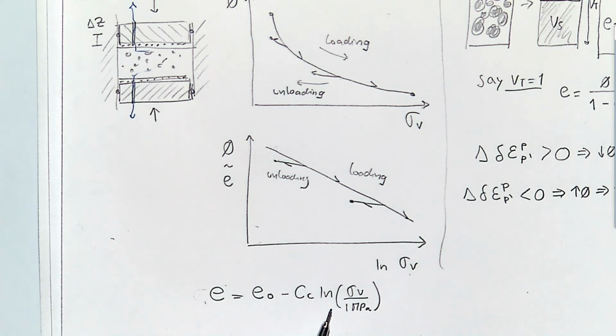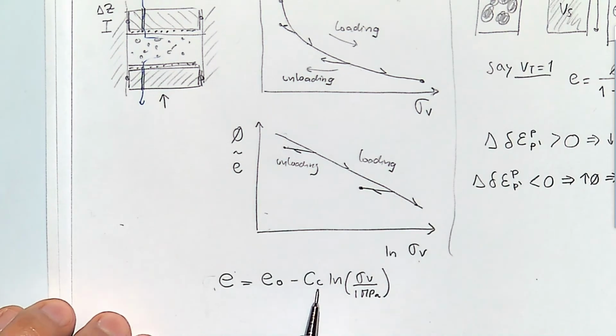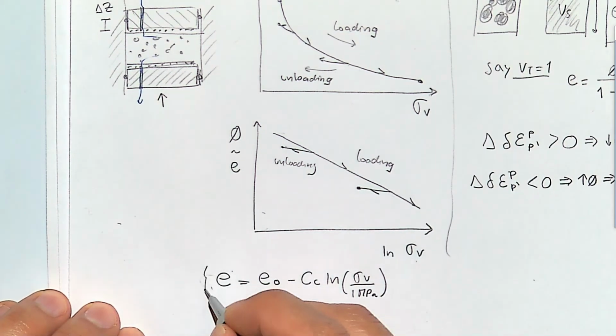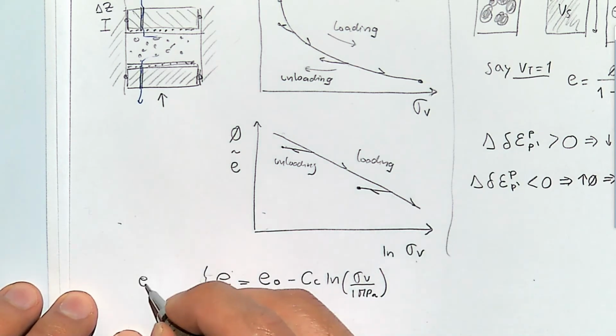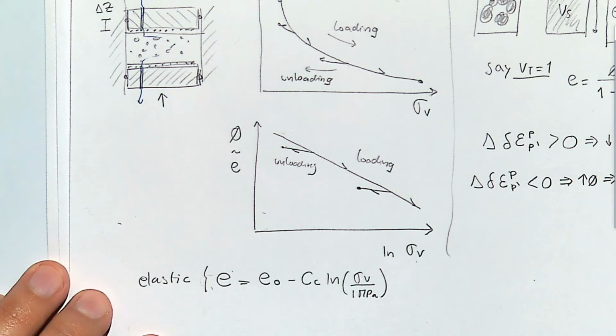I think there is a minor mistake here. It doesn't matter. I think my notes are correct here. CC is going to be used for the unloading part, which is the elastic part.